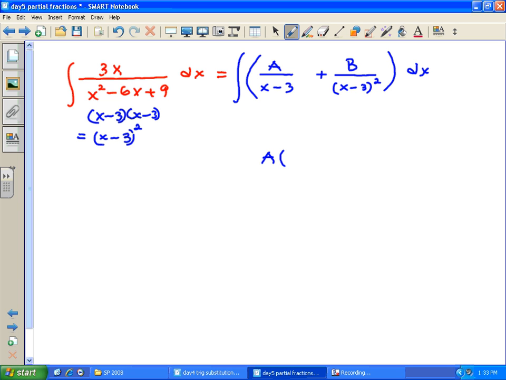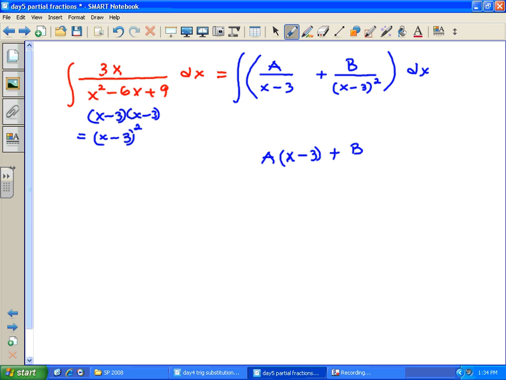The least common denominator of x minus 3 and x minus 3 squared is x minus 3 squared. So we will get both fractions to have the same denominator of x minus 3 squared. The first top and bottom is multiplied by x minus 3. And the second top and bottom? By anything? Just 1, right?